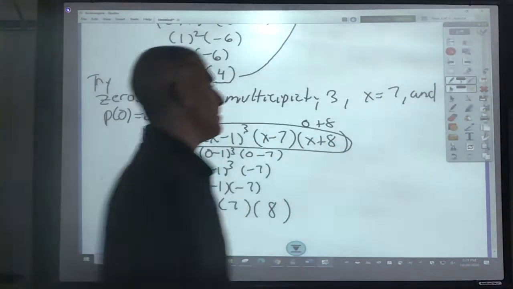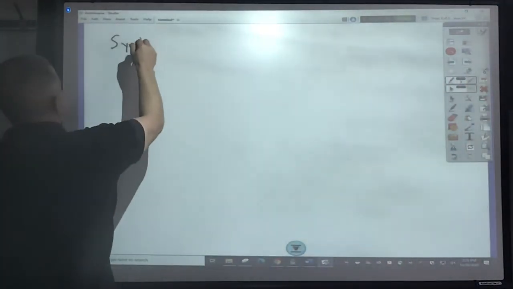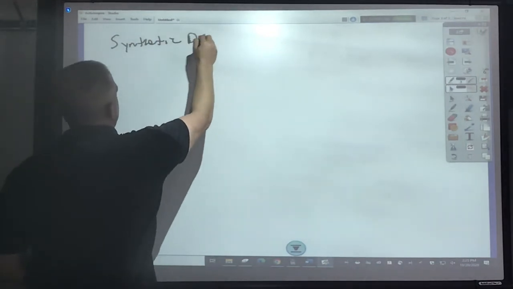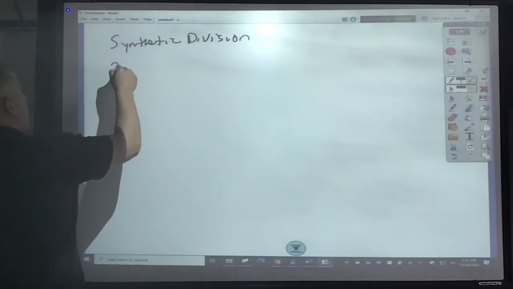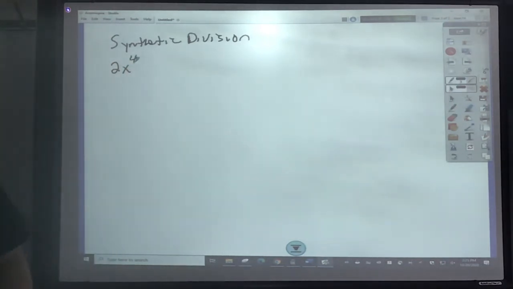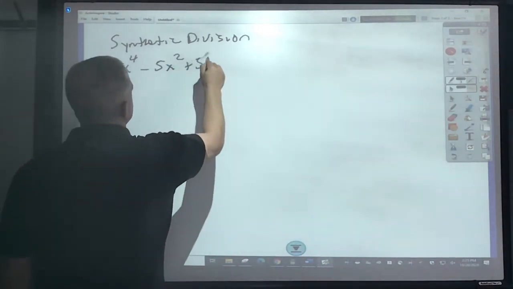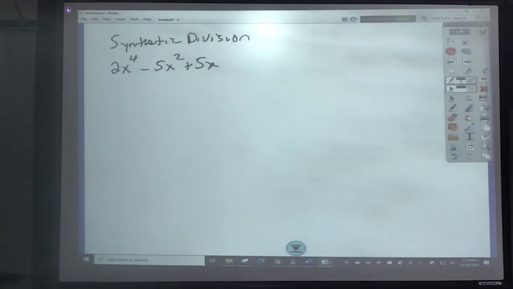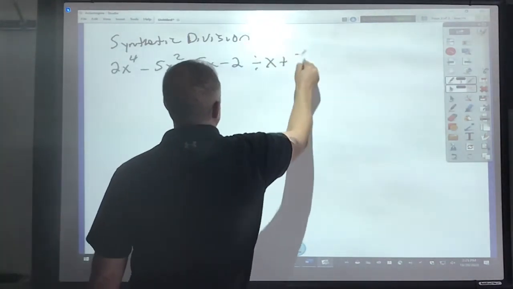Now, we're going to move on to something they call synthetic division. The concept behind synthetic division, let me give you an example. Let's say 2x to the 4th plus minus 5x squared plus 5x minus 2, divided by x plus 2.